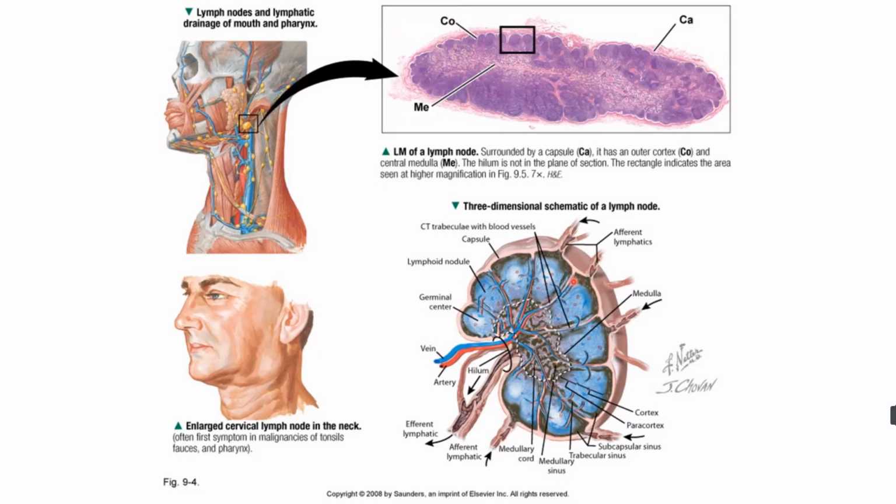We go down through the sinuses that are located within the cortex region, through the paracortex region, and then we get into the medullary sinuses. And as we progress through, we go through the efferent lymphatic vessel and then out of the lymph node. Perfect.